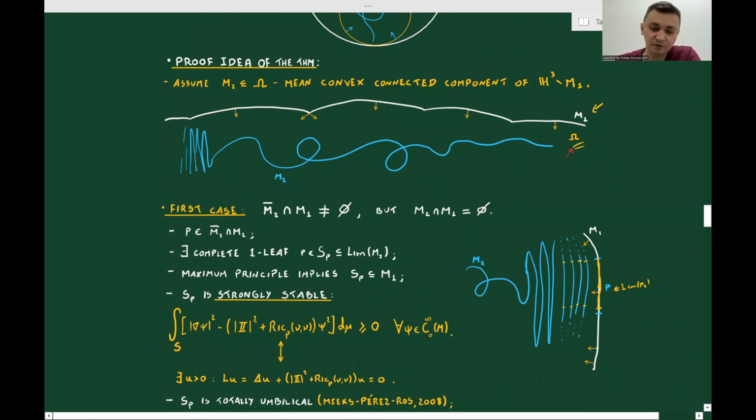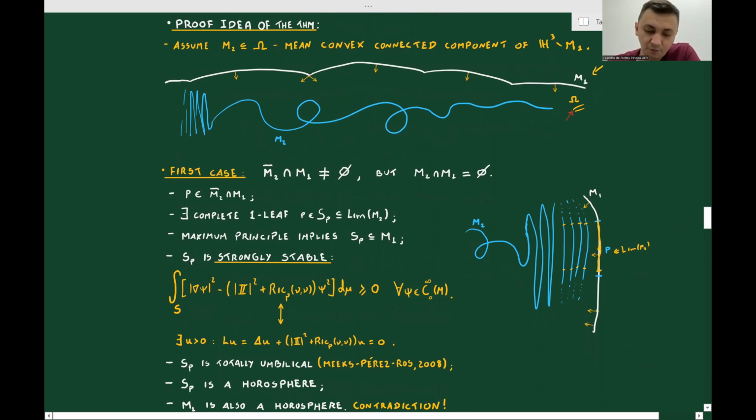So omega is this mean convex component. Okay, now we have two cases. The first case is M1 intersects the closure of M2. But of course, we are assuming by contradiction, so M1 does not intersect M2.